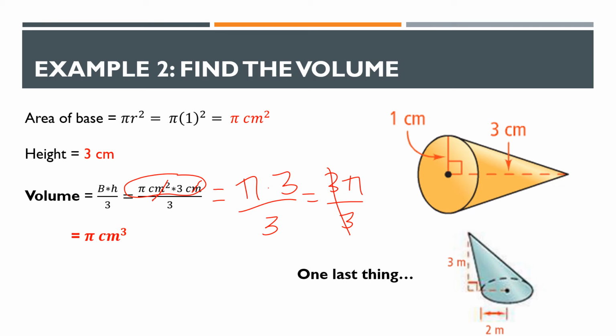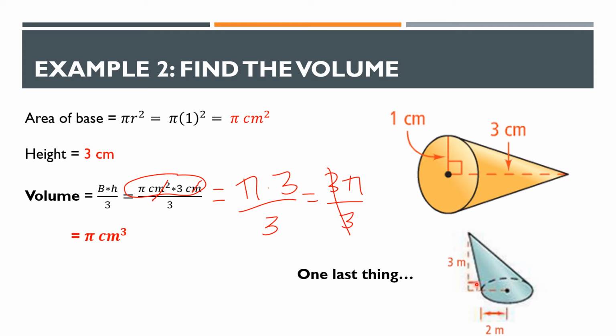One last thing I wanted to point out before I get to 1 or 2 more examples for you is that in your homework, this is actually a direct problem from the homework, so maybe you could get a little head start on it now. I'm not going to show you how to do it. But sometimes you're going to have the height of a cone that is tilted over like this. And interestingly, the height still counts as the height from the vertex down to the same plane as the base, right?